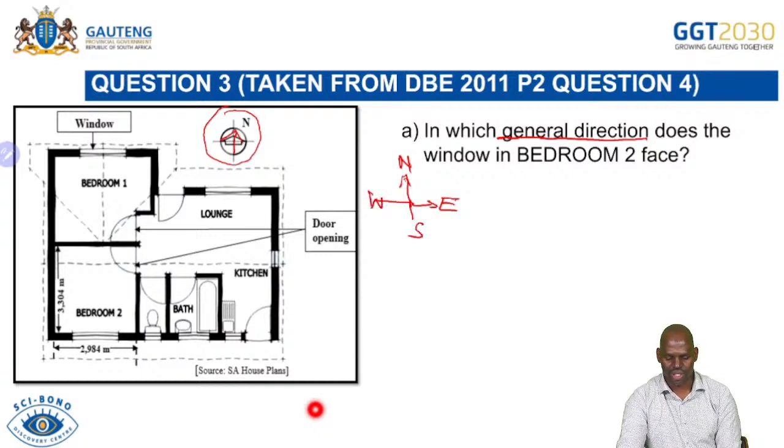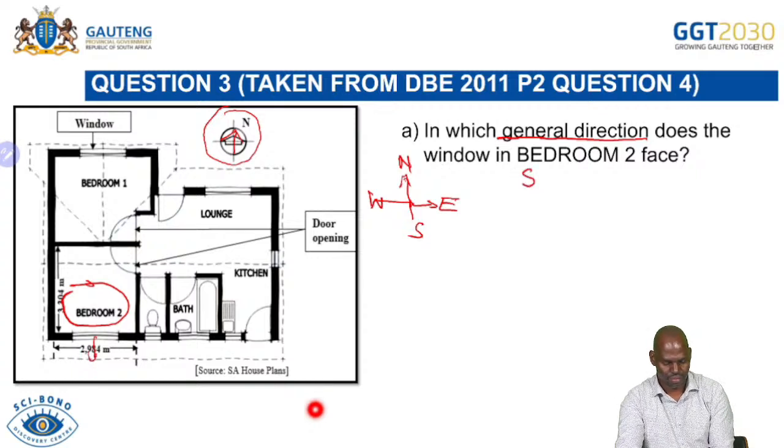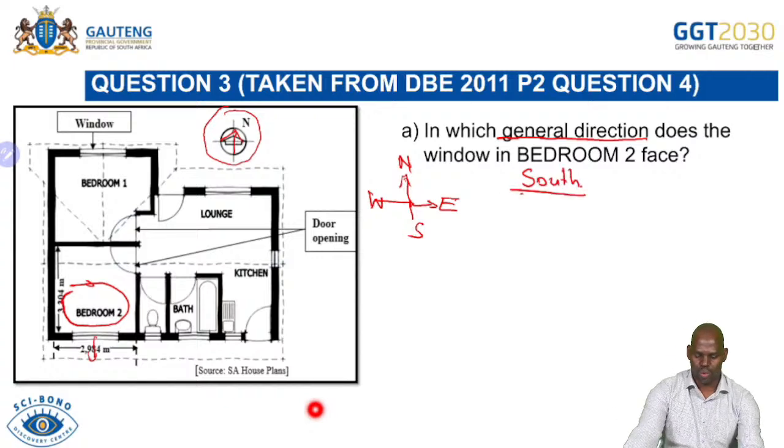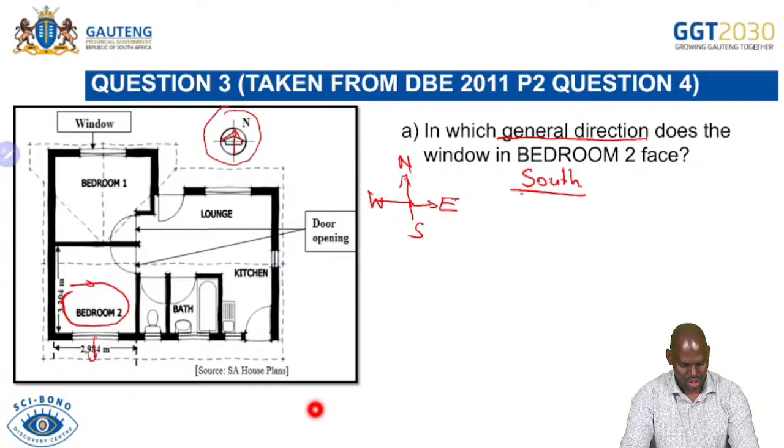In which general direction does the window in bedroom 2 face? Now we have to check bedroom 2. Here is bedroom 2. And there's the window. So the window is facing south. So the window is on the southern side. That is the window of bedroom 2.